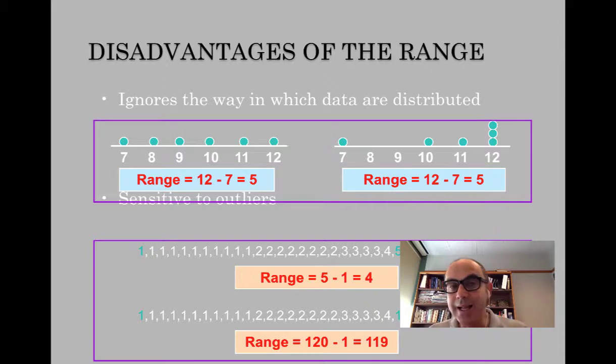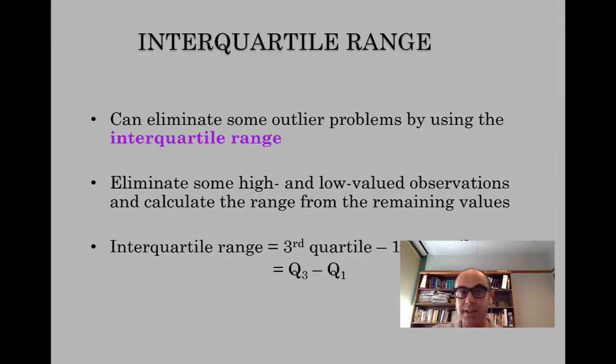So it doesn't tell us much, and there are a lot of disadvantages to the range, because it doesn't tell us more than we want to know about the data set. Those two cases show you the limitation that the range provides.